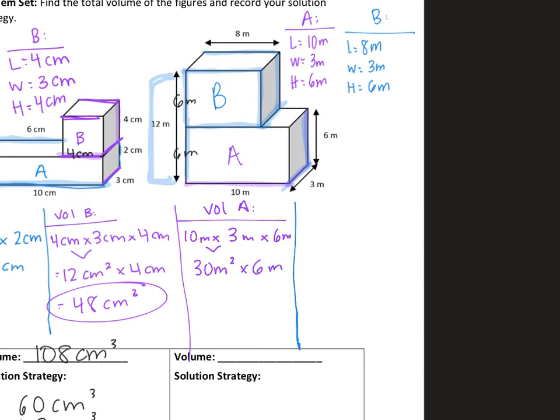All right, think, how can I solve 30 times 6? I'm going to pull out that basic fact. I know that 3 times 6 is going to give me 18. Then I'm going to multiply this by 10 because I have a 0. So that's going to give me 180 cubic meters for volume A. Okay, next I have volume B.